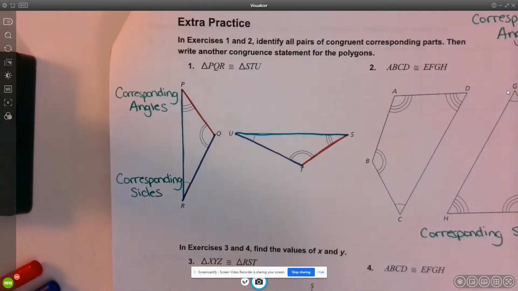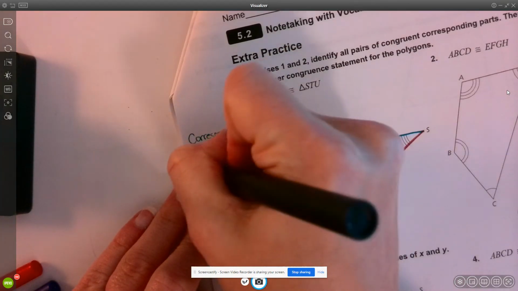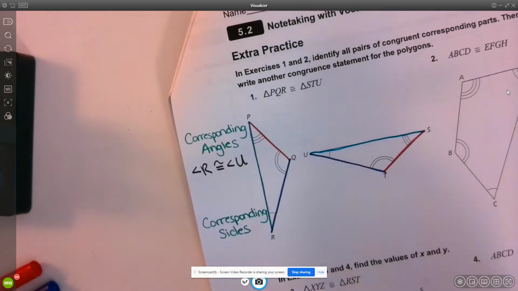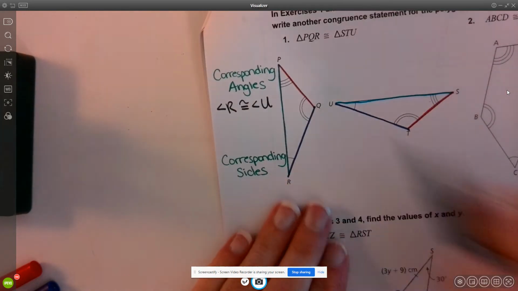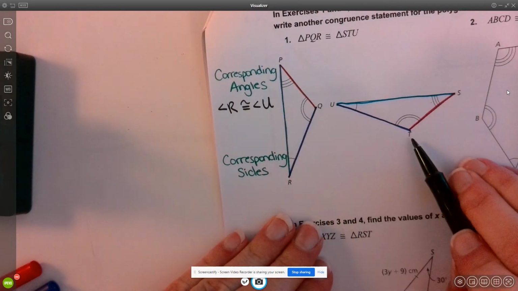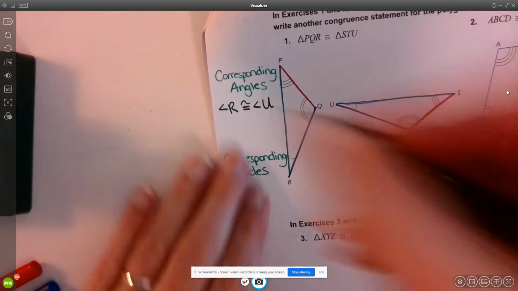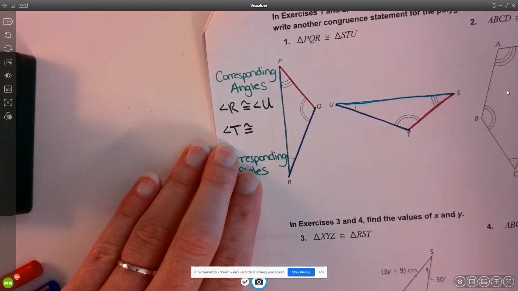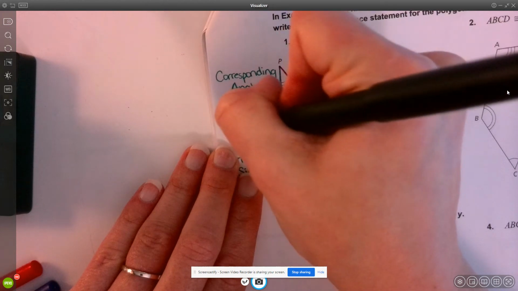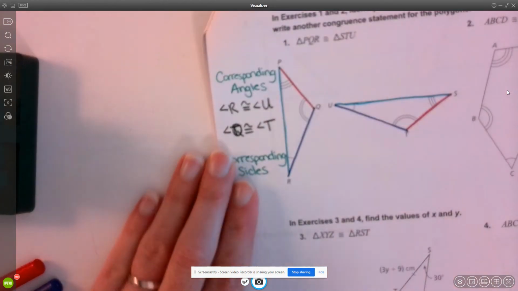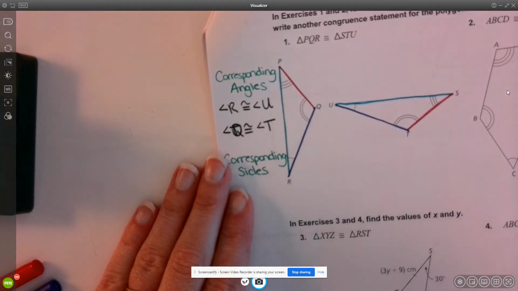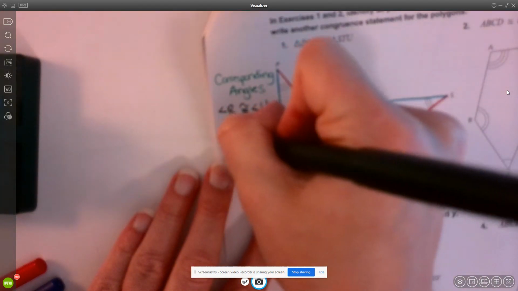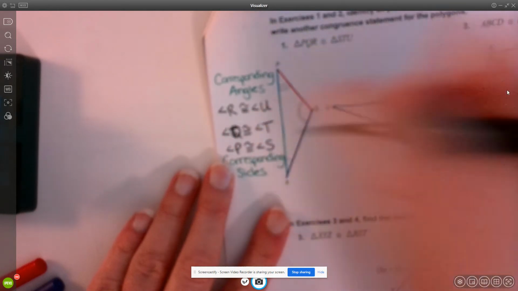So I'm going to say angle R is congruent to angle U. Angle Q and angle T are congruent. Oops, I meant to put Q first. And then angle P and angle S. Okay.